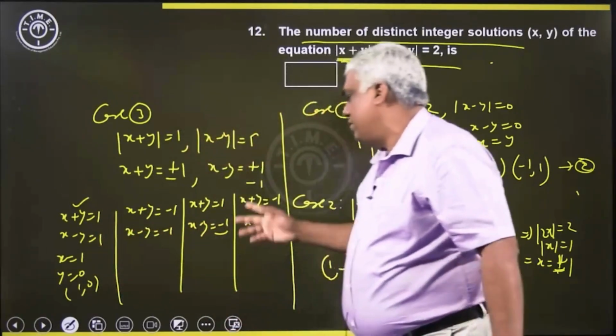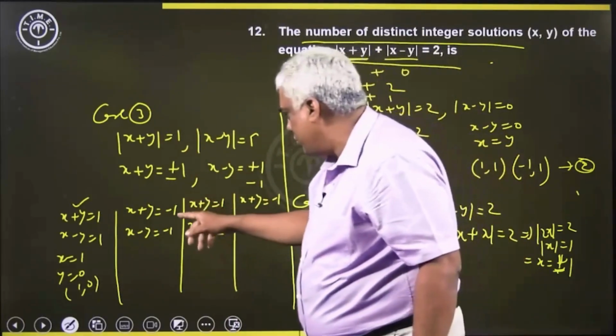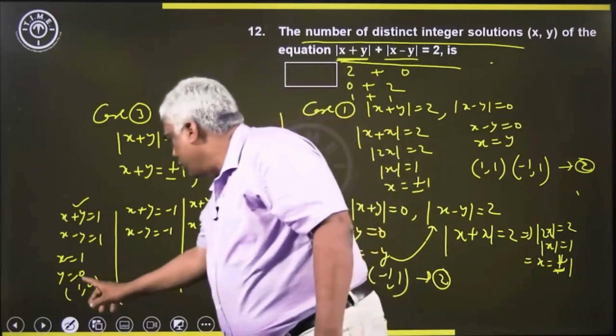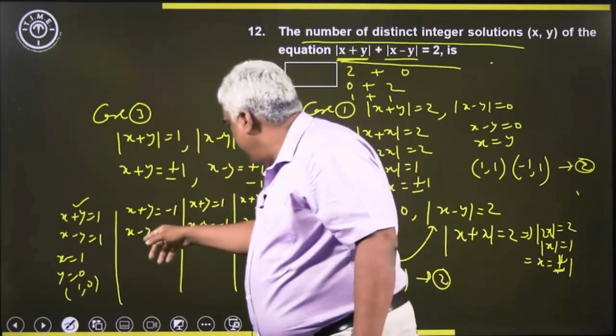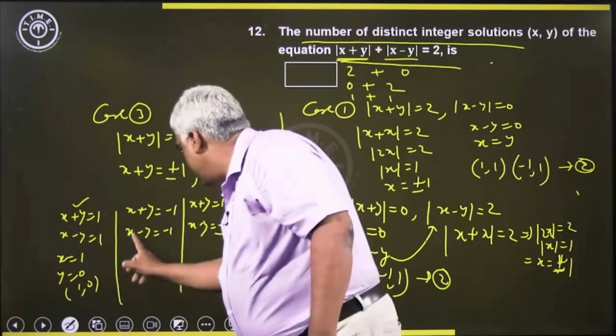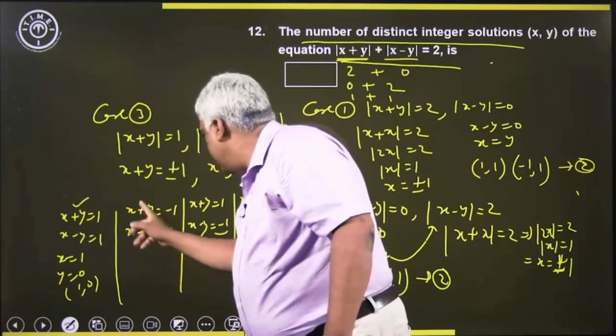Let's solve the others separately. For x plus y equals 1 and x minus y equals minus 1, if you add these two, y will get cancelled, 2x equals 0, so x will be 0.